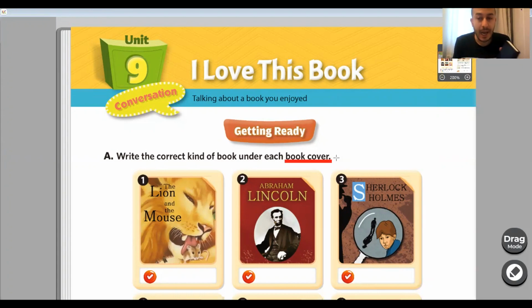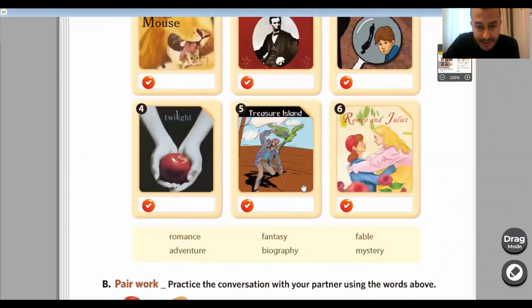In other words, whenever you look at the book cover, you can guess what the story is about. Okay, now let's move on to the next terms. Let me just erase this line and go to the next words.